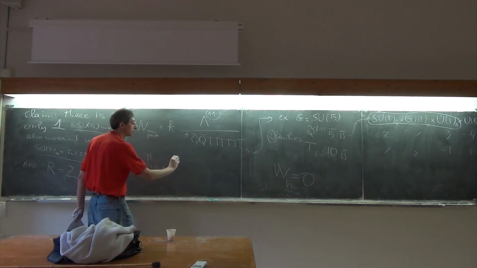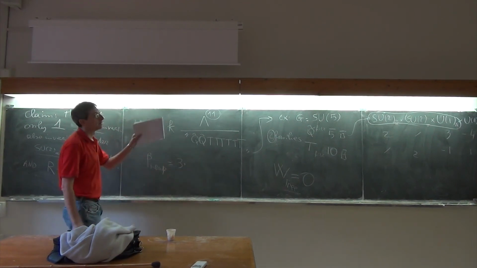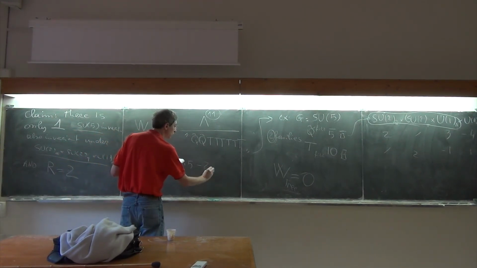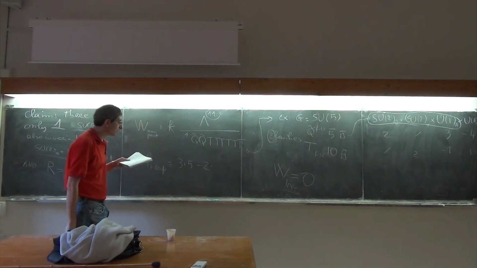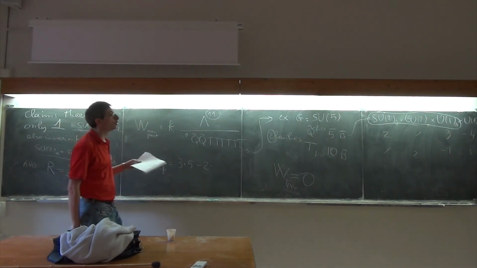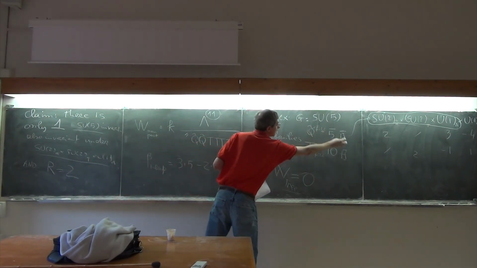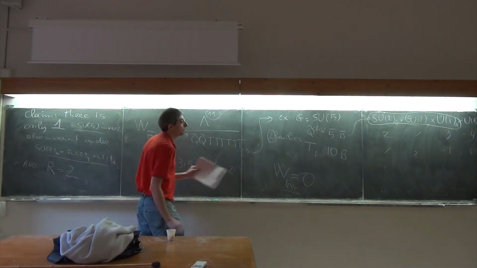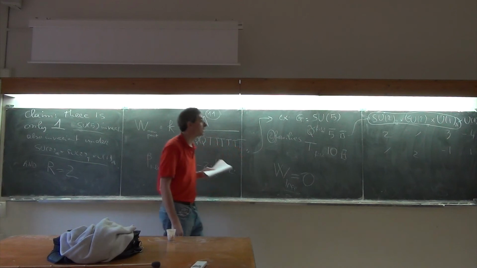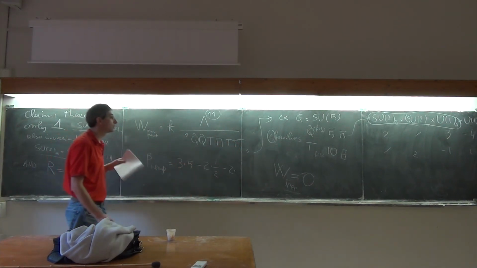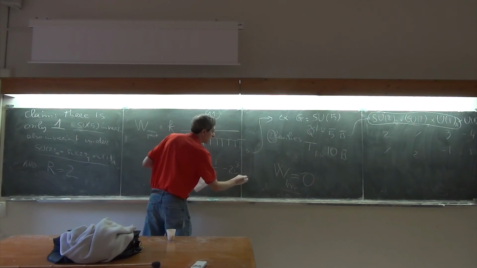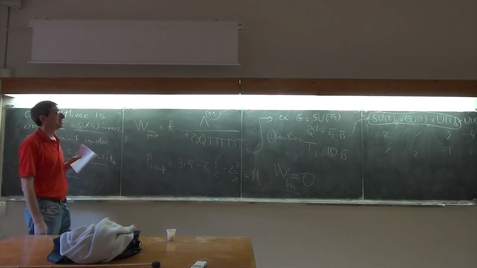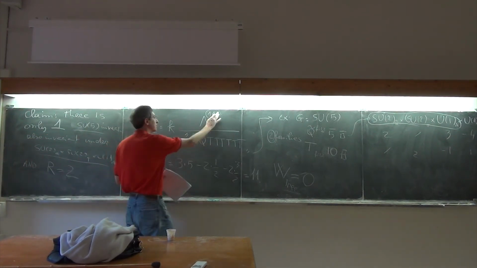Remember, the coefficient for the beta function is 3 times the index of SU5, which is 5, minus 2, because there are 2 of them, times the index of the fundamental, which is 1/2, minus 2, because there are 2 T's, times the index of the antisymmetric, which is 3/2. And this is 11. This 11 is the same as this 11, so I can write this as beta 1.